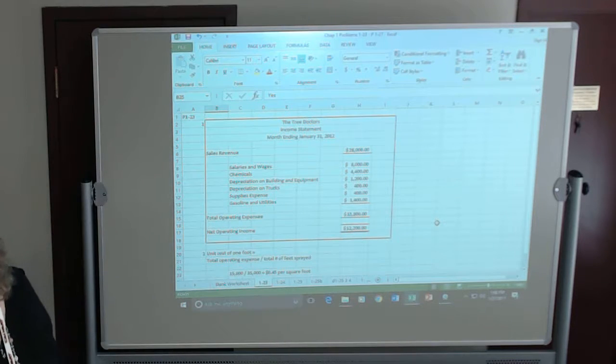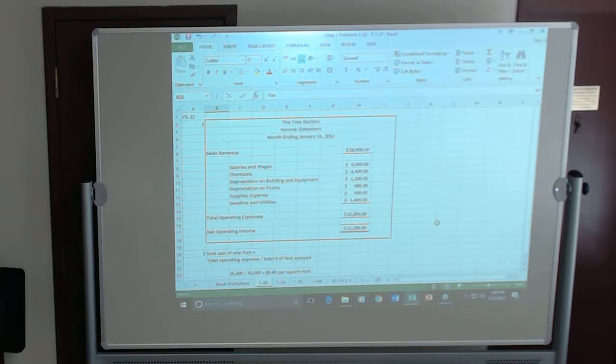And then it gives us a list of the expenses in the book. Salary and wages are $8,000. Chemicals are $4,400. Then depreciation on truck, depreciation on building and equipment, sales supplies expense, and gasoline and utilities.